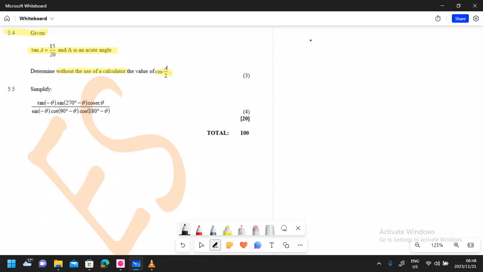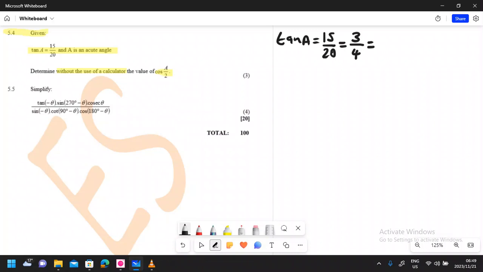Now let's see. We need to find our sides. So we have tan equal to 15 over 20. Now if we divide the numerator by 5, we're going to have 3, and then we divide the denominator by 5, it's going to be 4.